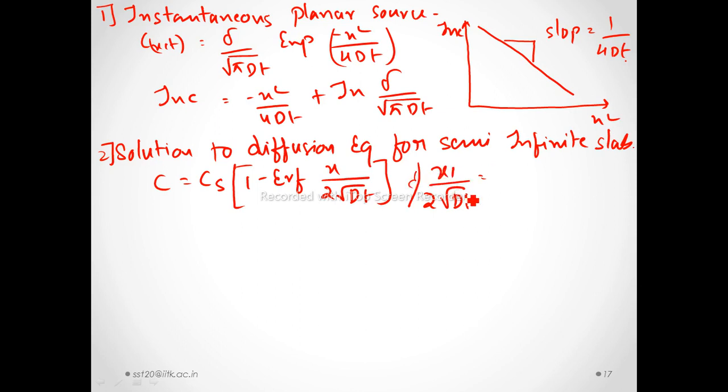For example, x1 equals 2 root D t1 and x2 equals 2 root D t2. The 2 and D cancel, so x1 by root t1 equals x2 by root t2. For the same component, the D value is the same, so with time t1 how much diffusion takes place, and with time t2 how much diffusion takes place, we can correlate with each other.